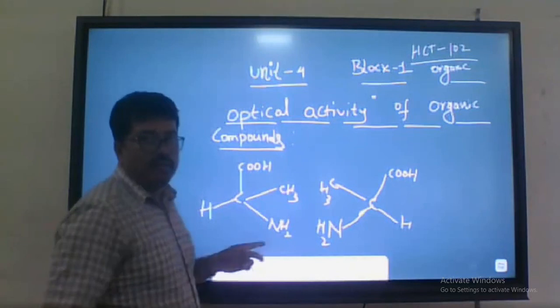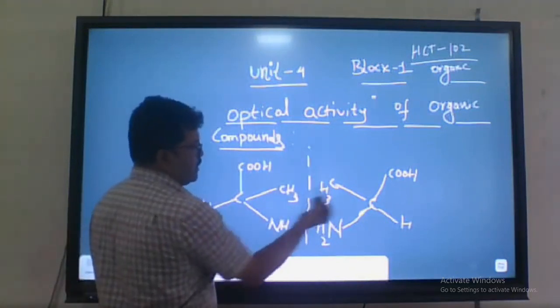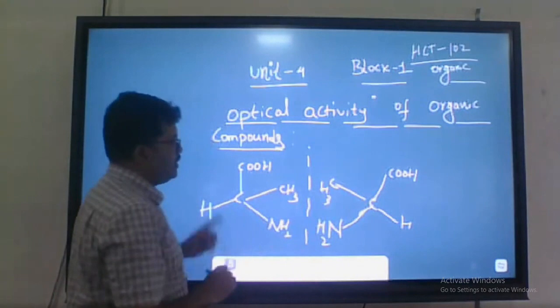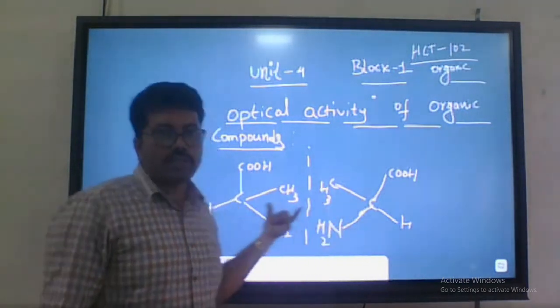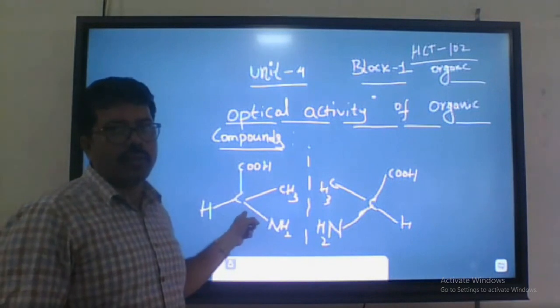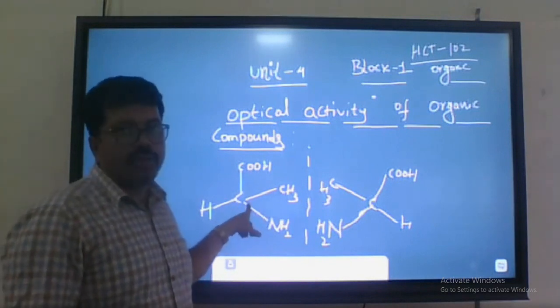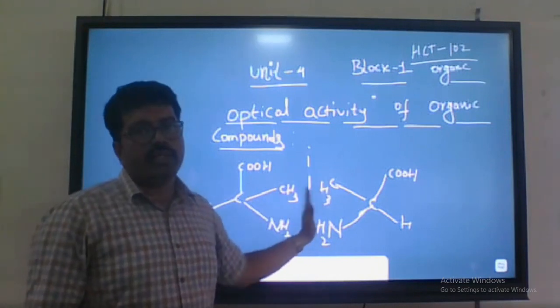See, this is the mirror image, but not superimposable. So when four separate groups are attached to a carbon atom, it is possible to have a non-superimposable mirror image of the molecule.